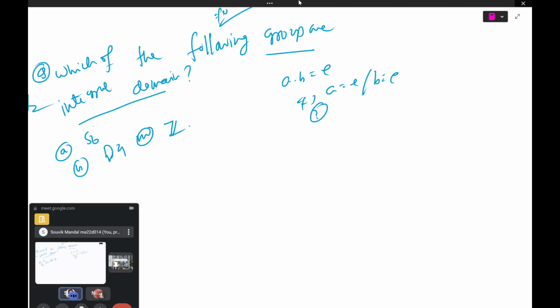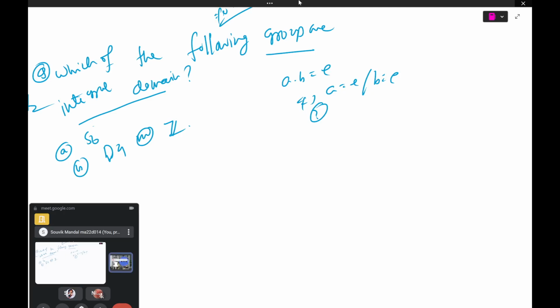S6 is non-commutative at first. No, first of all, what is the definition of integral domain? By definition, it is taken to be commutative, right? Yes, okay.